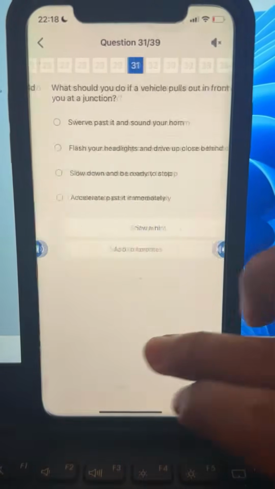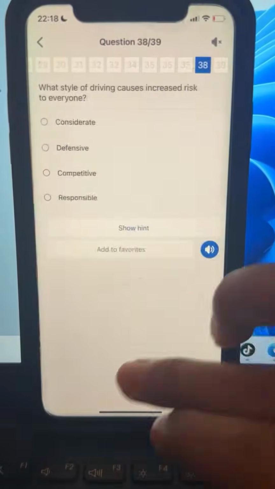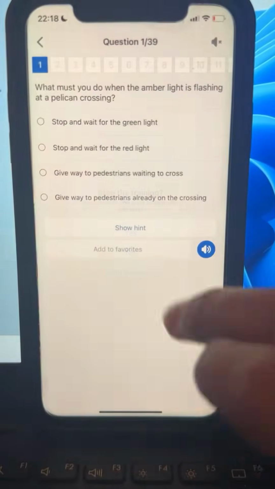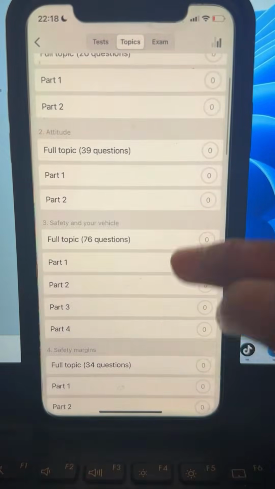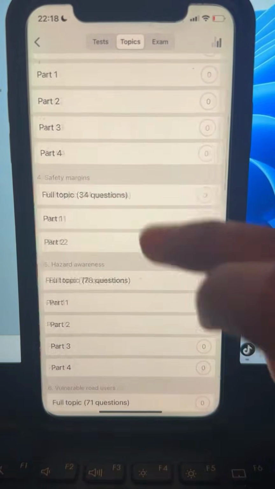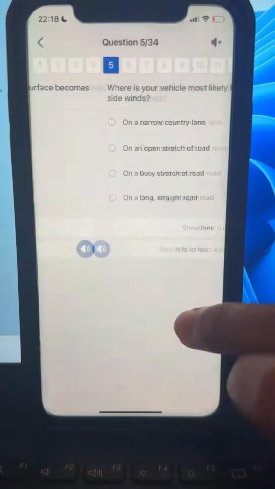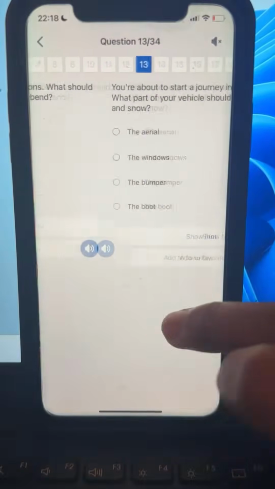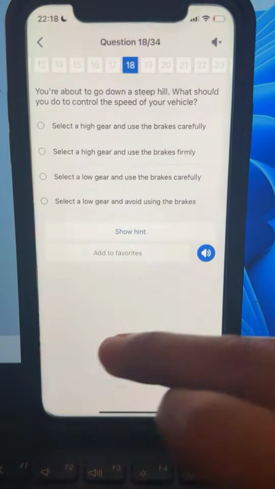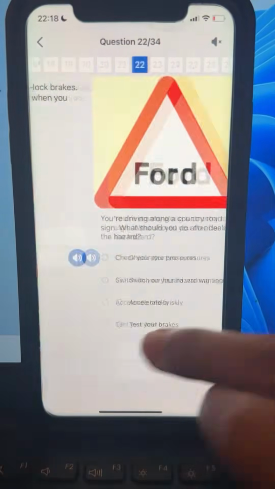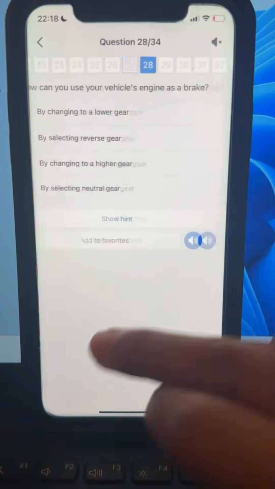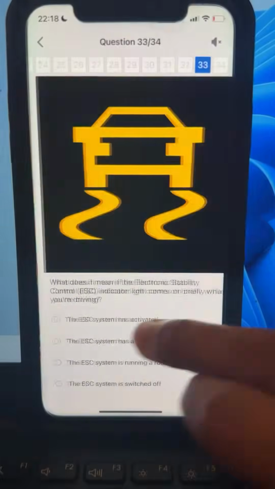No road markings here, really. And we will be safety in your vehicle. There is no road markings in there. Safety margins, yes, it will be. Not really, not even one single one.